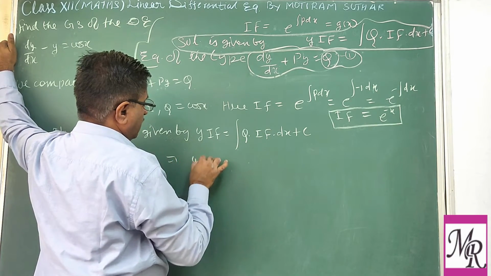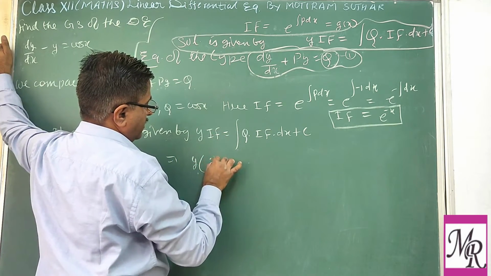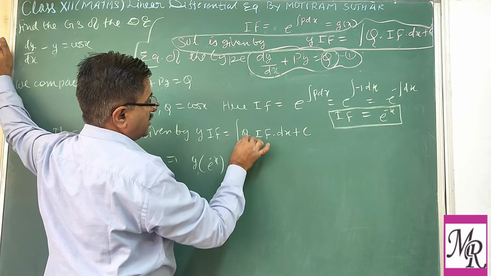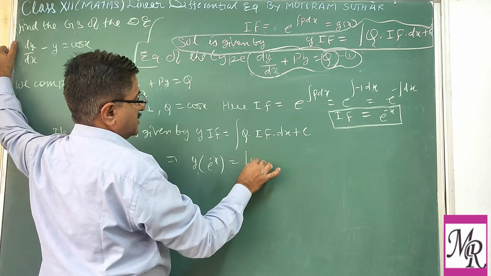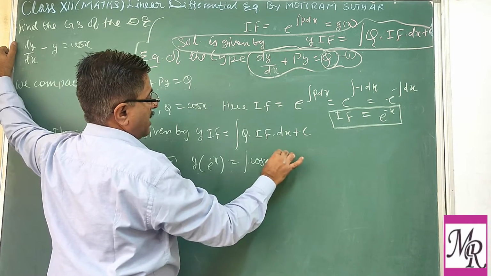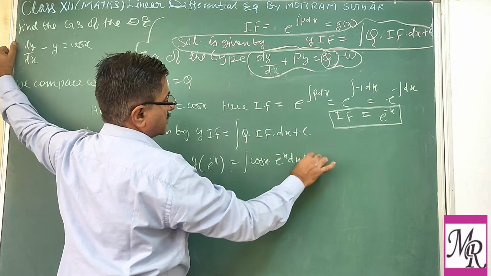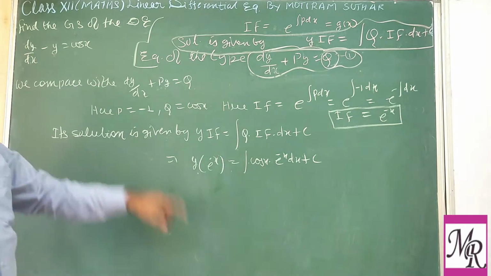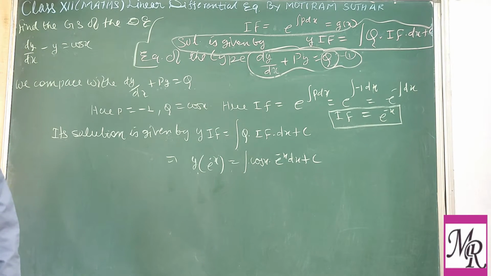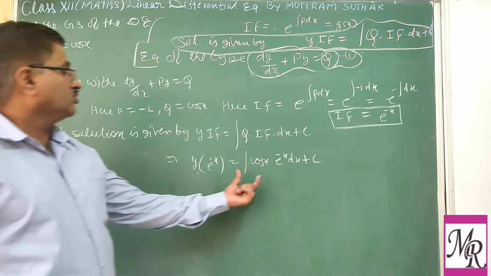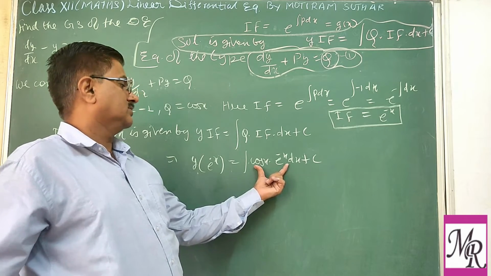Now we put the value of IF, e power minus x. Here q is cos x. So cos x, e power minus x. Now our job is only on the right hand side, where we have an integration. You have to solve that separately. So we have to find the value of this.